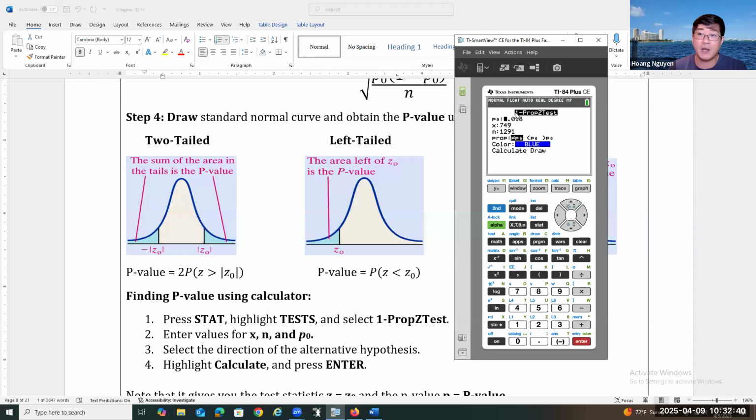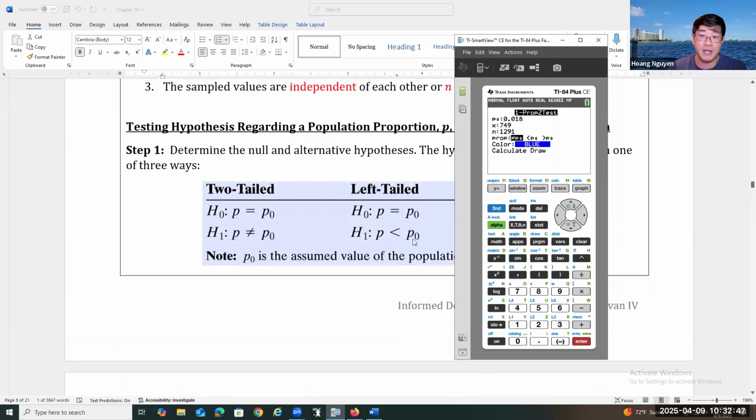After you select the 1-proportion z-test, you have to put in p0, right? So p0 is the value that we have from the hypothesis test. After that, you input x, which is the number of individuals that have some certain characteristic. And then after that, we put n, the sample size. And after that, we select the alternative hypothesis: not equal for two-tailed, less than for left-tailed, and greater than for right-tailed.